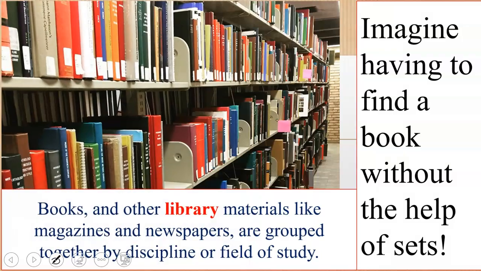If you go to a library, imagine having to find a book without the help of sets. What would have been? You go to the library and every book is anywhere. It will be very difficult for you to search for a particular book that you want. So books in a library are organized by particular subject area, so that it will be very easy for you to find them.